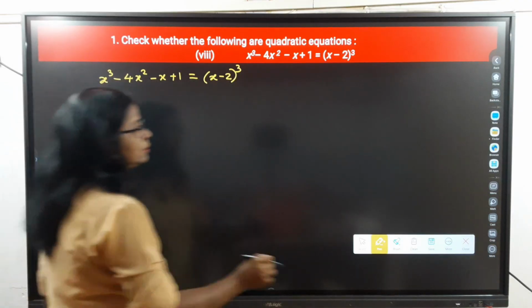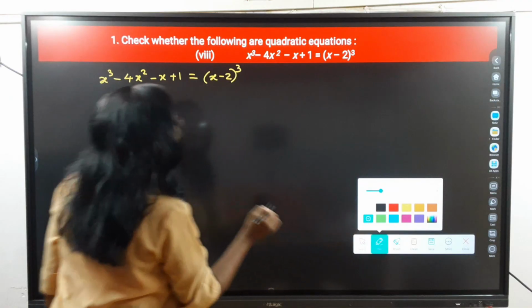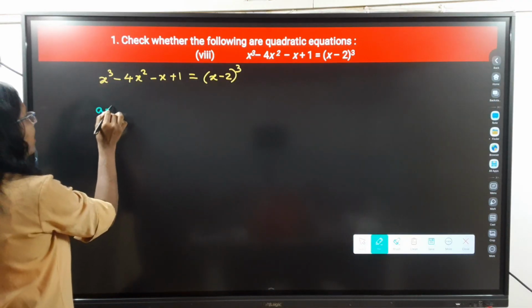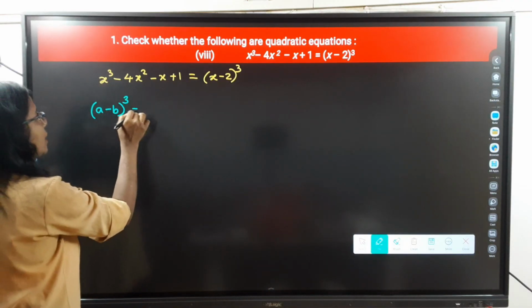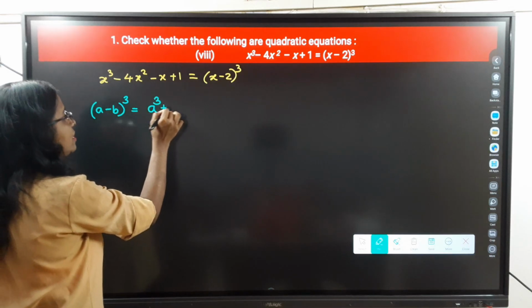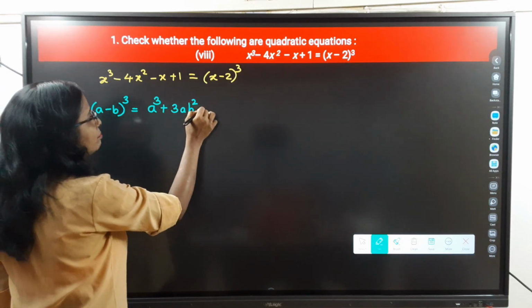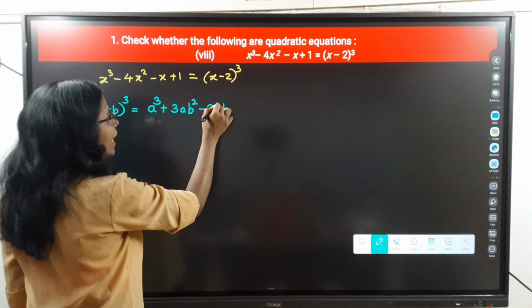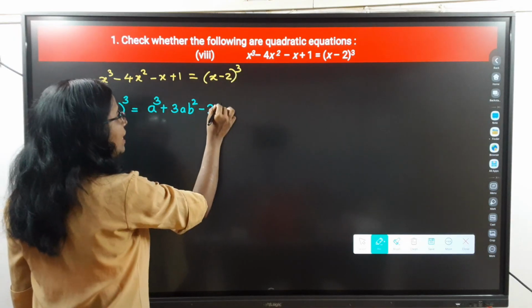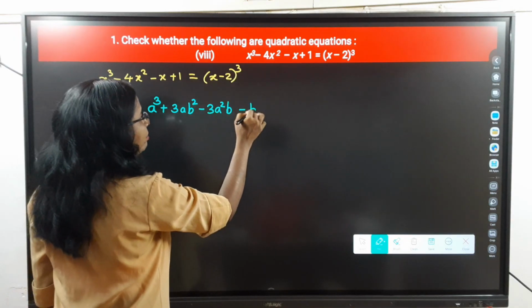I write down the formula: (a minus b) whole cube is equal to a cube minus 3a square b plus 3ab square minus b cube.